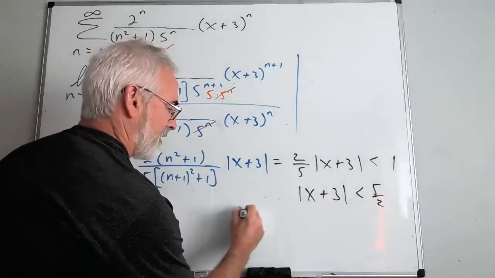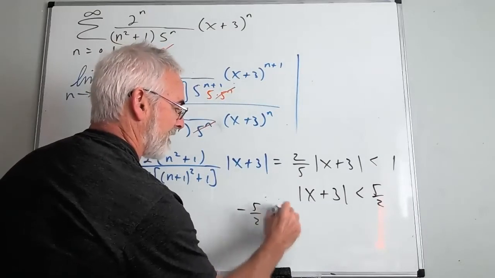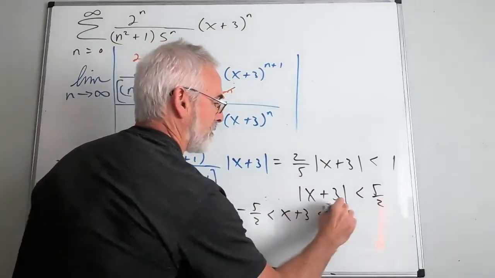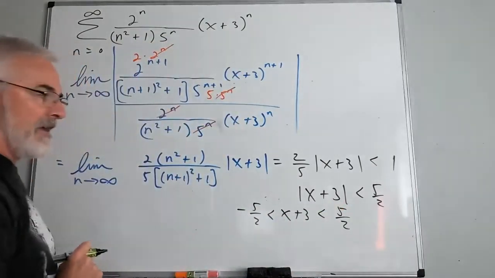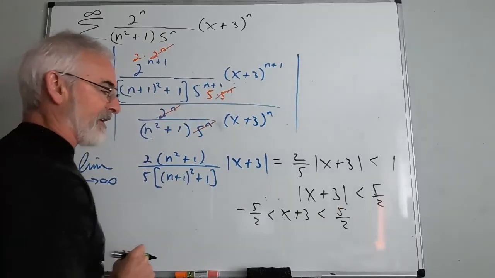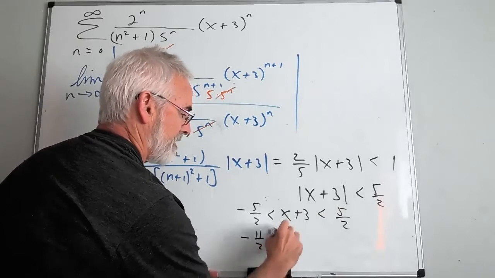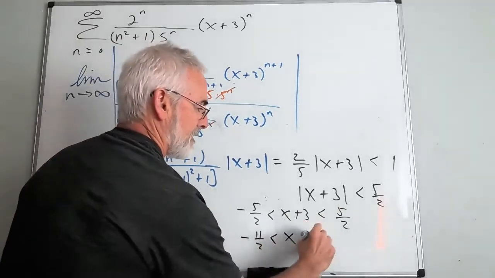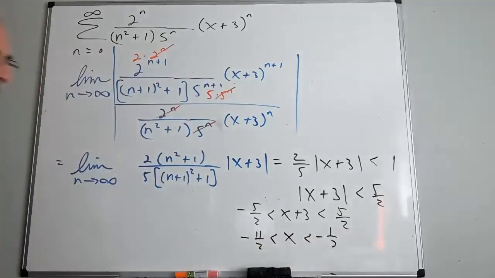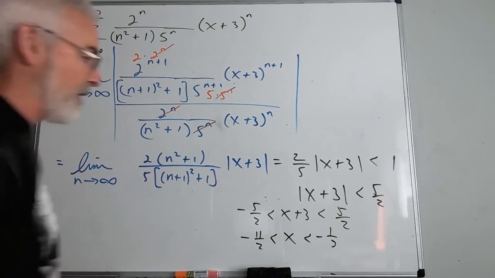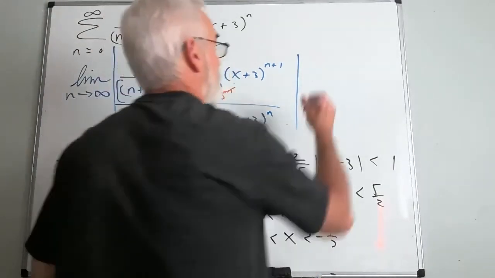And that would give me negative 5/2 is less than x plus 3 is less than positive 5/2. Now, if I add negative 3 to each term, that would be negative 11/2 and negative 1/2. So if x is between negative 11/2 and negative 1/2, I know I'm going to converge.